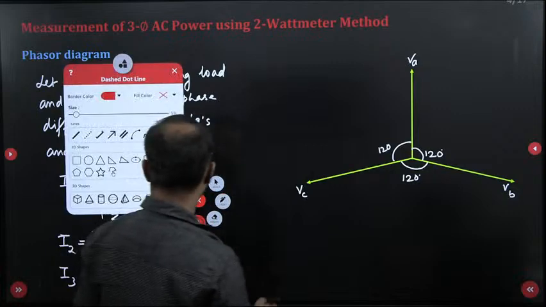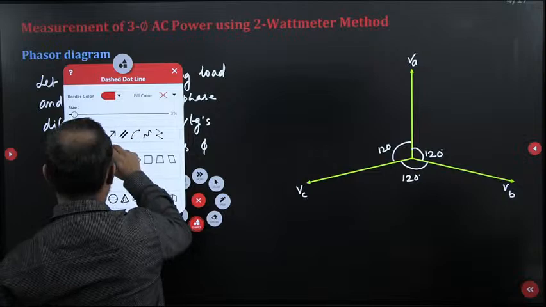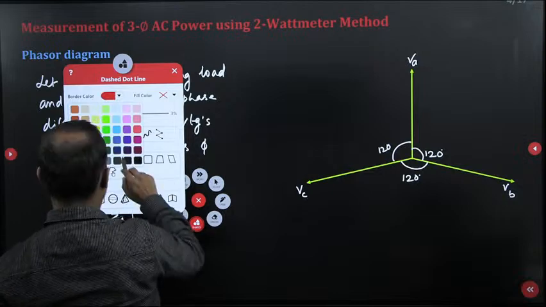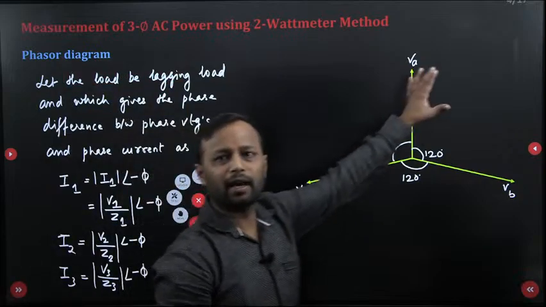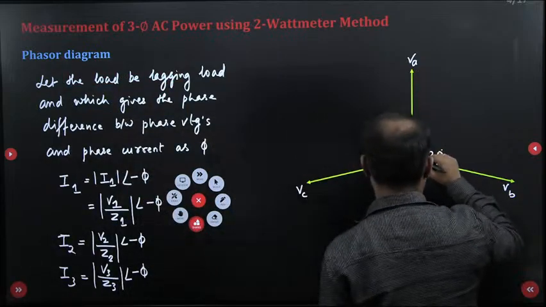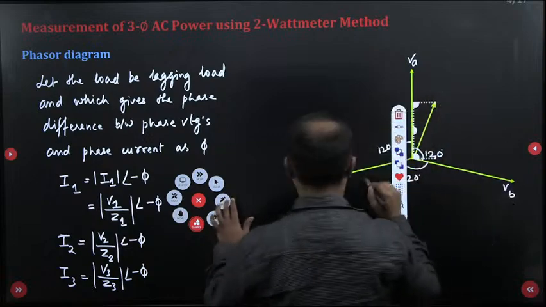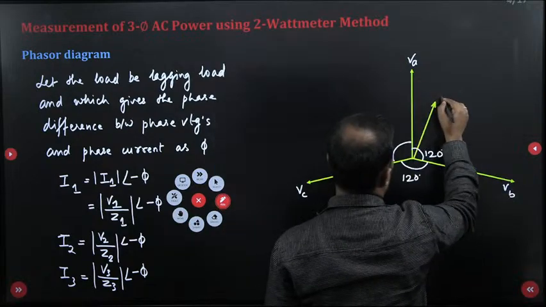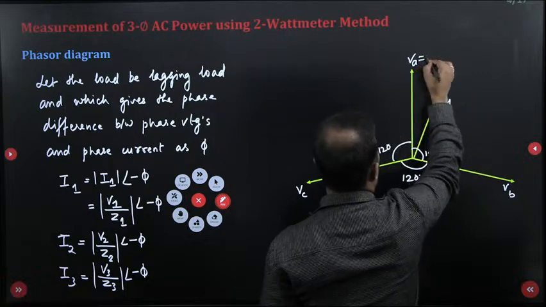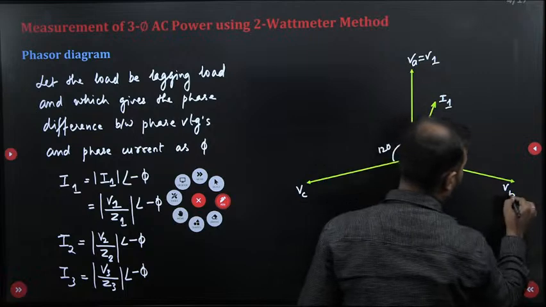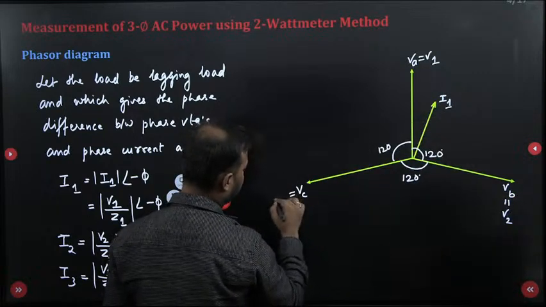Now we know that phase A current, which is I1 current, will lag by an angle of phi. So this is I1. Okay. So this is your V1, this is your V2, and this is your V3.